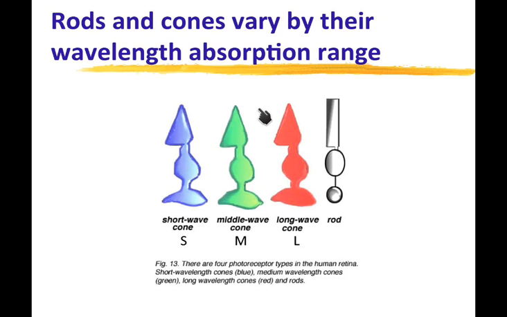And the third class of photoreceptors are the L cones, and L again stands for long wavelengths, and their maximal absorption is around the red. The rods are tuned somewhere in the middle. I'll show you in a minute. And there's only 1 class of rods.